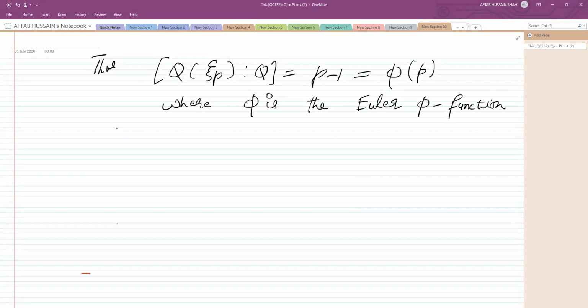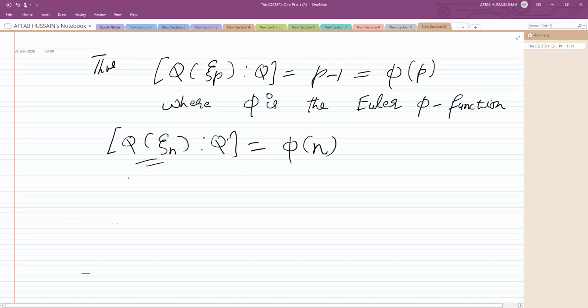Later on we would prove the general case that the degree of extension of Q(zeta n) over Q is phi of n. This is the most general case.